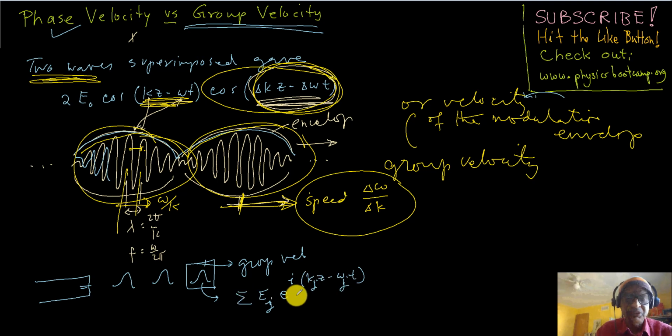A superposition of many waves can actually be shown to make up this, and each one of these waves has its own phase velocity. So there is one group velocity, but there are many phase velocities.